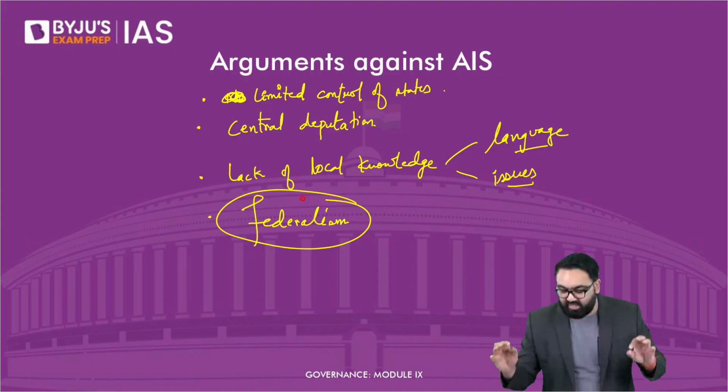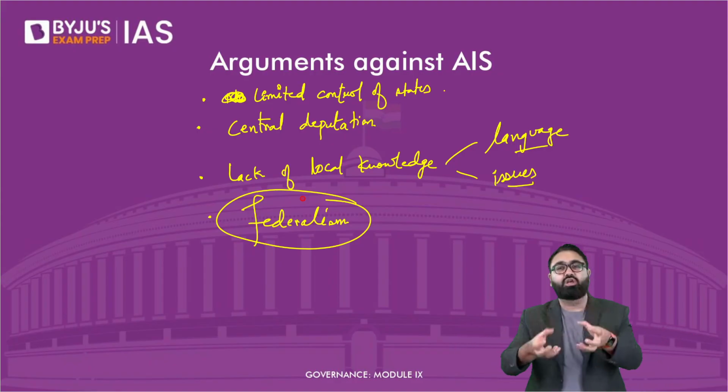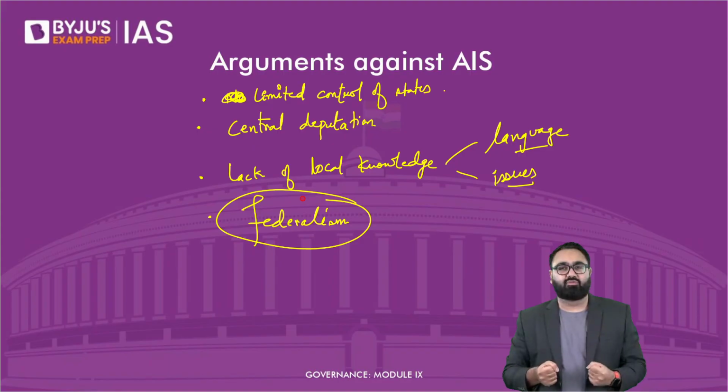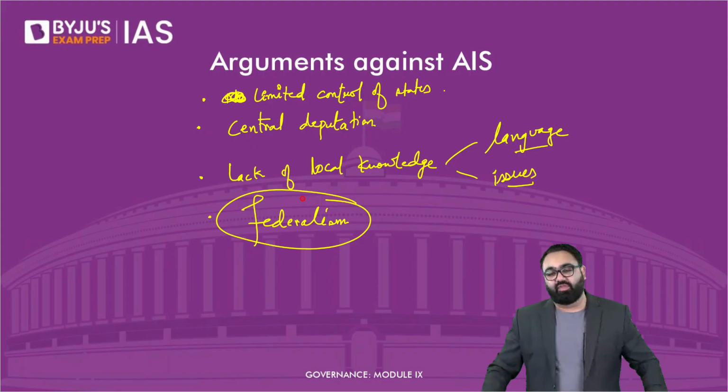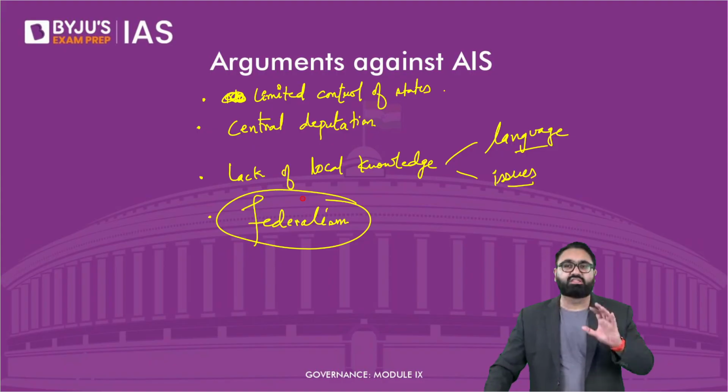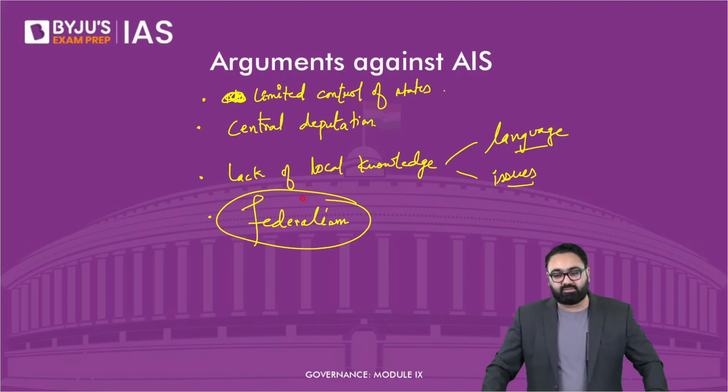In this way, the center government is just trying to control and take out all the powers of the state. This is against a federal structure and we should not have that. These are the arguments given by many states, obviously the ones ruled by opposition parties, when it comes to the All India Services.